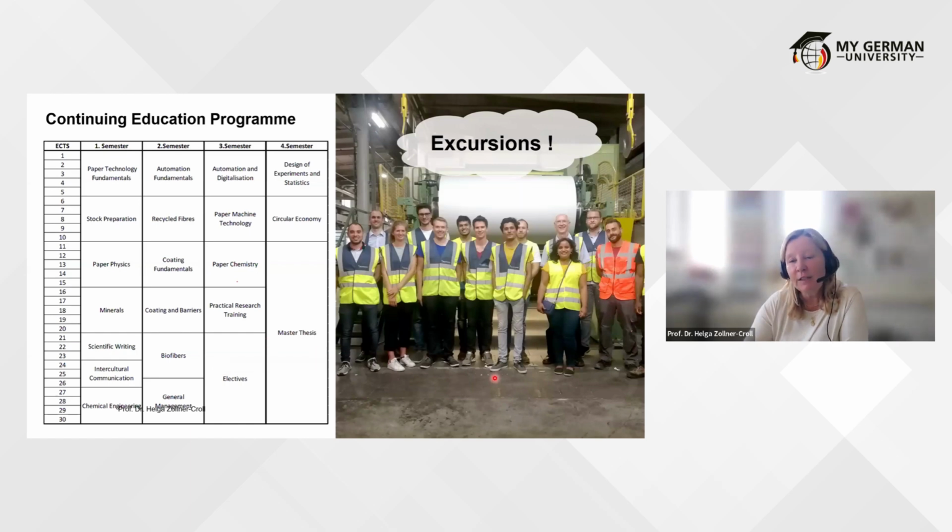What you see here on the right, this is a picture of one of our master students group. And the unique thing is that we have a very good network with our industry. So our students usually go several times in a semester for excursions, and they get to know the paper industry.